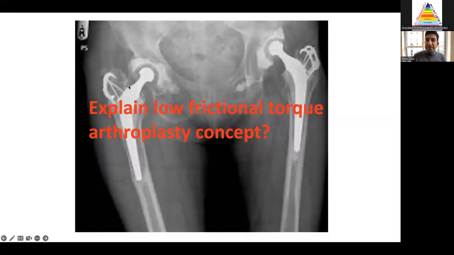So what Charnley did was he medialized the center of rotation, which is why you can see cement. He reamed out the medial wall and he did a trochanteric osteotomy to lateralize the GT. So the net effect is that that moment arm is going to increase. And so your abductors are more efficient. They're not working as hard. And so your joint reaction force and your friction will go down. So that's the two things, okay?